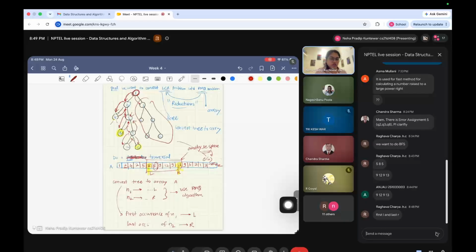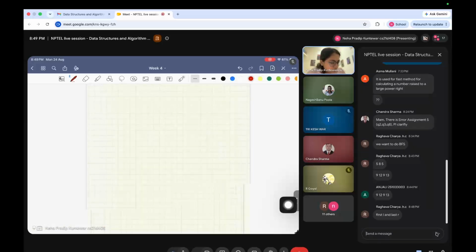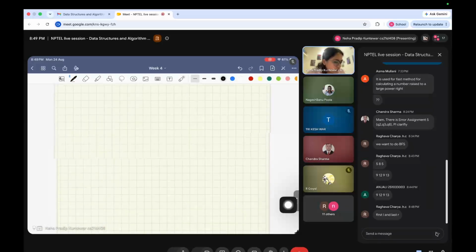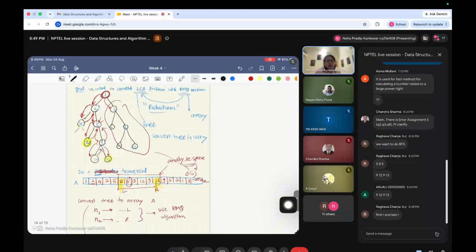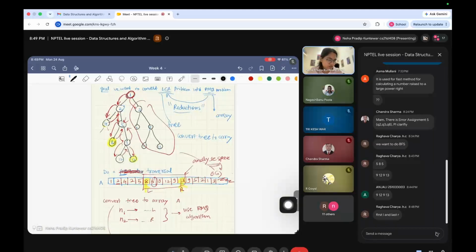Make sure that you agree with this idea. I'll not be able to cover the questions on linked list right now, but if there are any questions about this algorithm in particular, then do let me know.